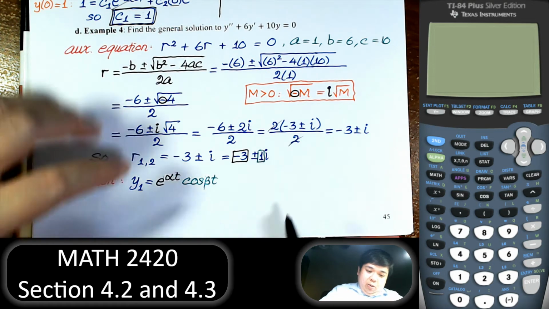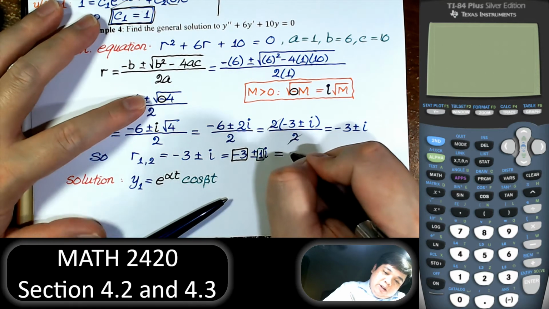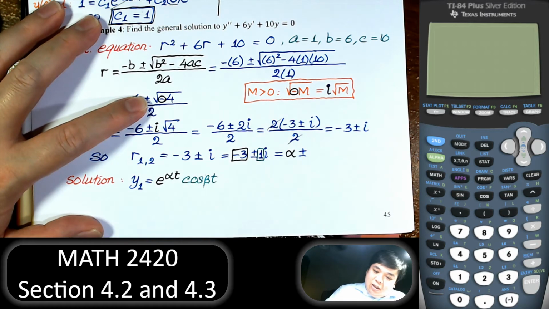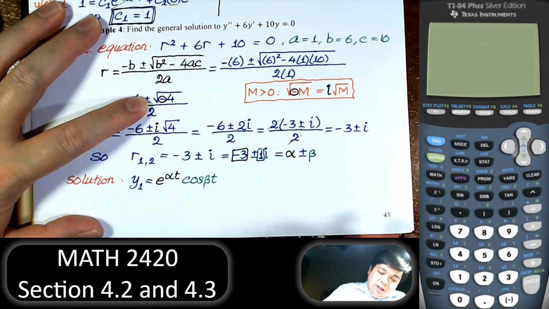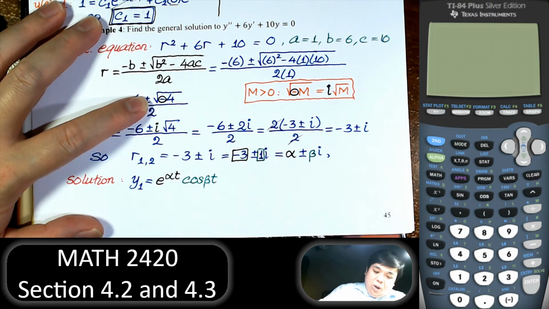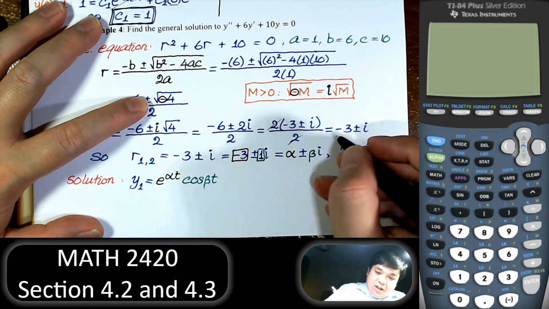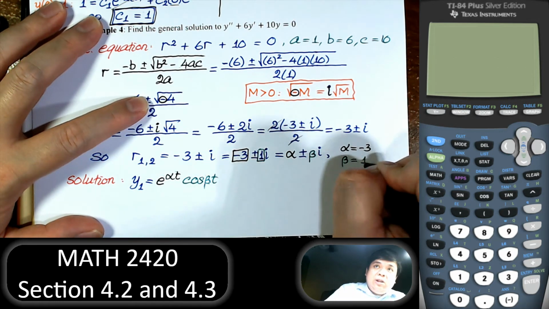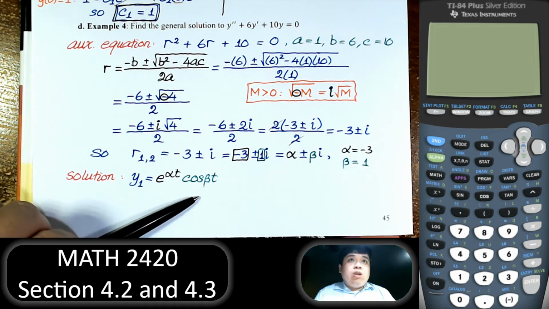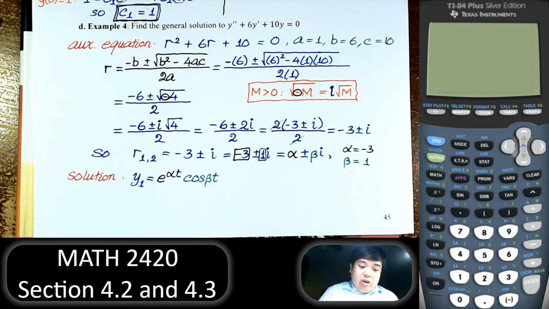So if we make this equal to alpha plus or minus beta i, obviously what we have here is alpha equal to negative 3 and beta equal to 1. So the solution will be e to alpha t cosine beta t: e to the real part times t, and then cosine of the imaginary part.